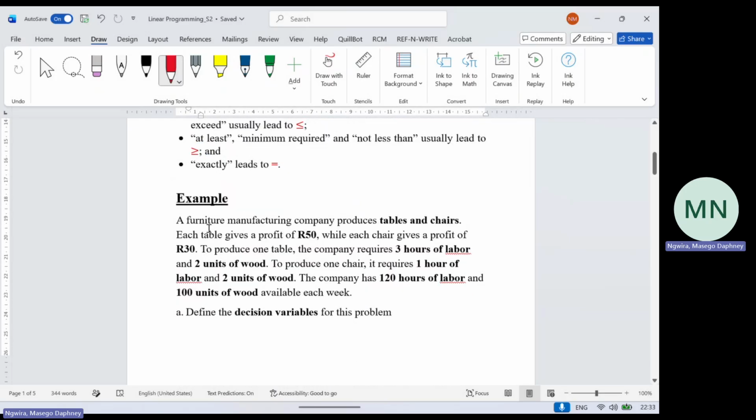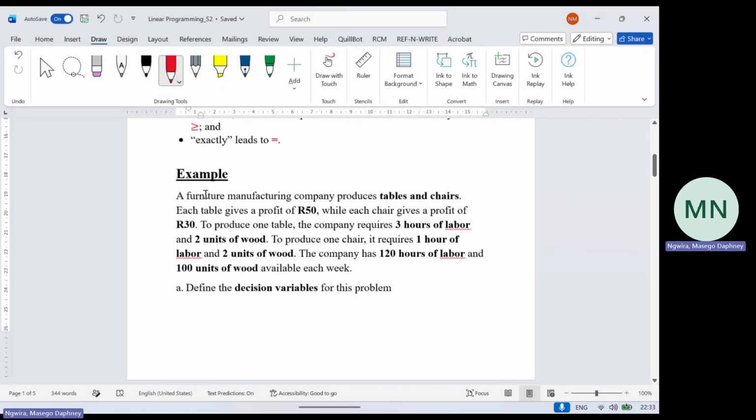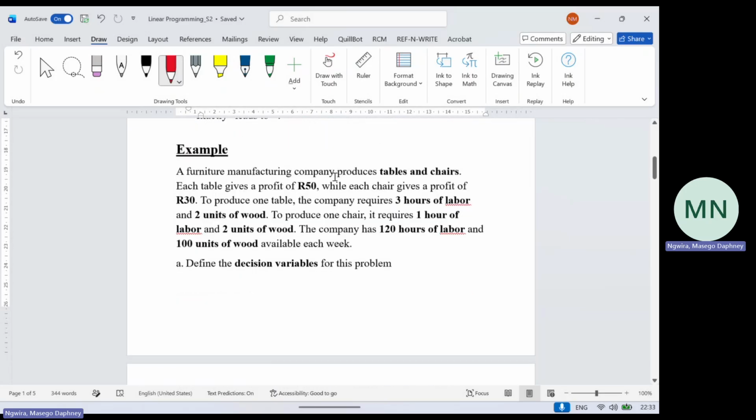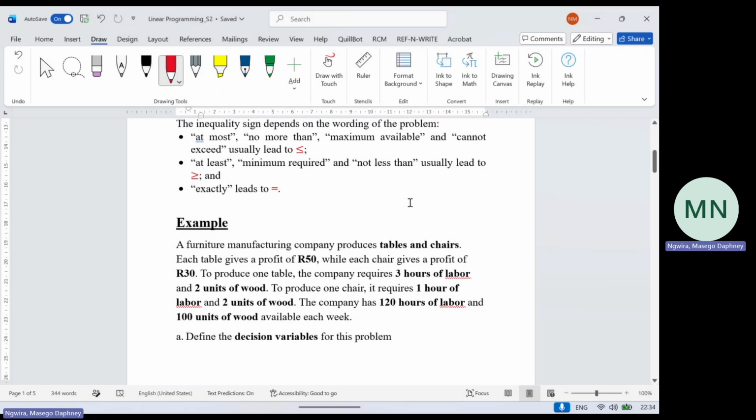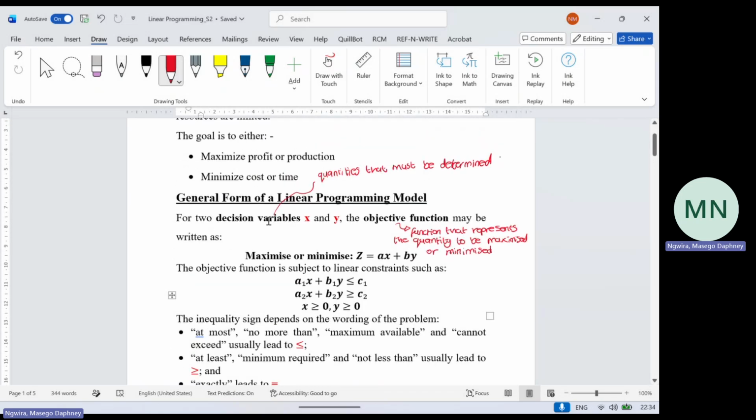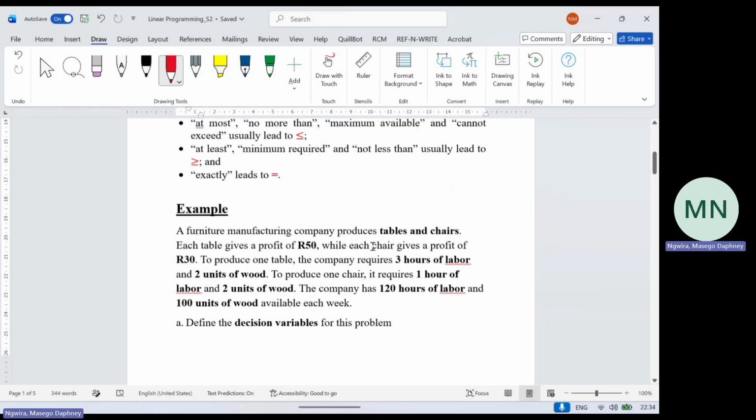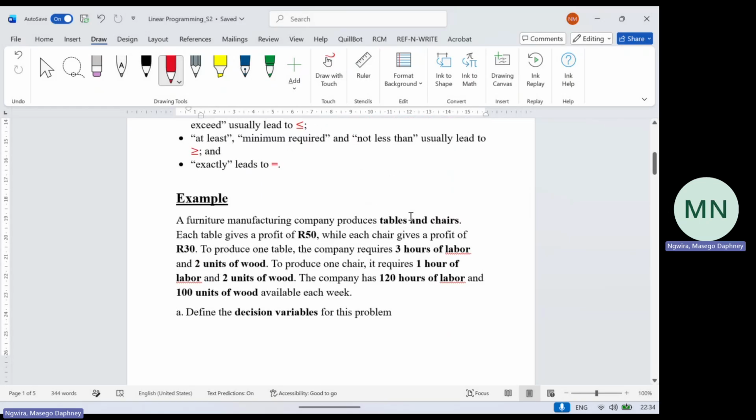So we have an example here. It says that a furniture manufacturing company produces tables and chairs. If you remember, I said that decision variables are quantities that must be determined. So we have our tables and chairs. With your first statement, that's where you're going to find your decision variables.